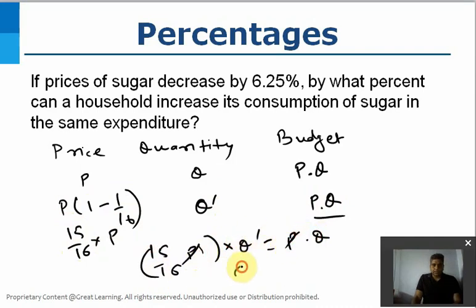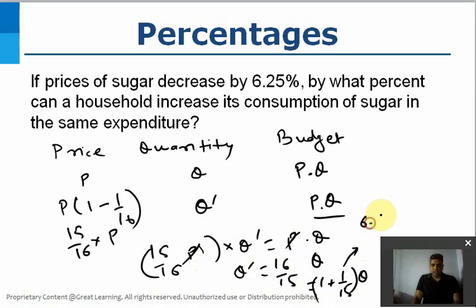P and P get cancelled and Q dash is 16 by 15 into Q, which is 1 plus 1 by 15 Q. And if I remember, 1 by 15 in terms of percentage was how much? This was 6.66%. So what will be the increase in the consumption of sugar to keep the expenditure the same? That is nothing but 6.66%.